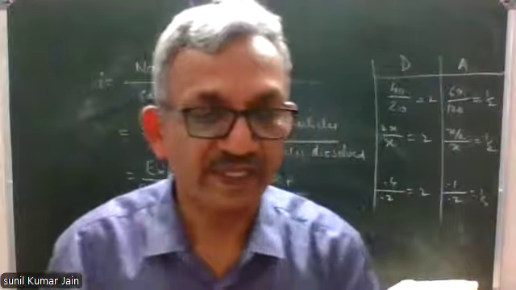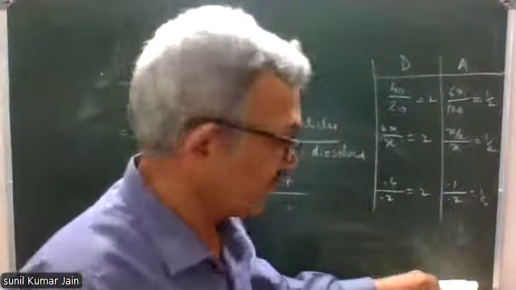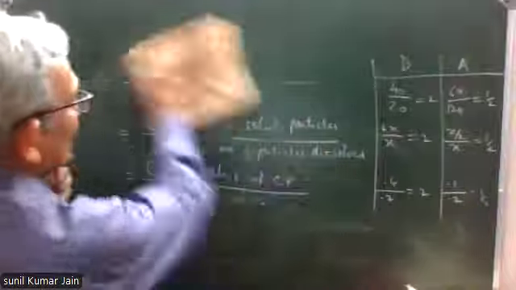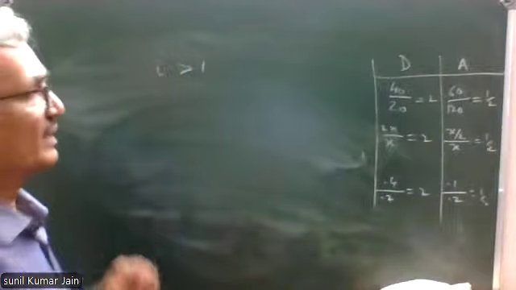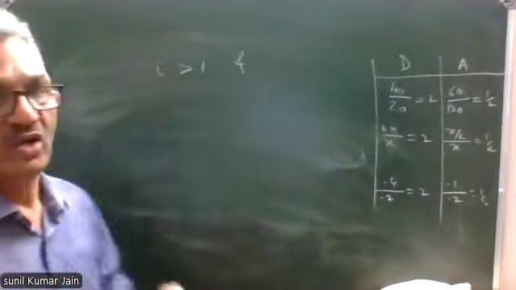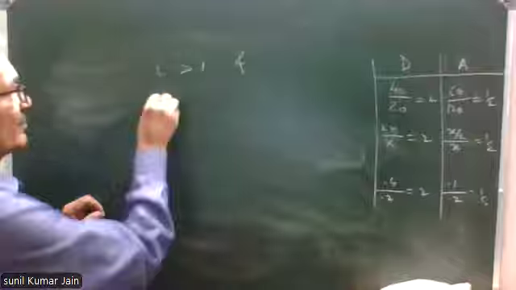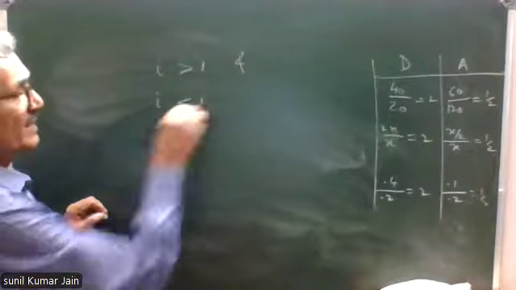Now start writing. For dissociation, i is more than 1. And for association, i is less than 1.